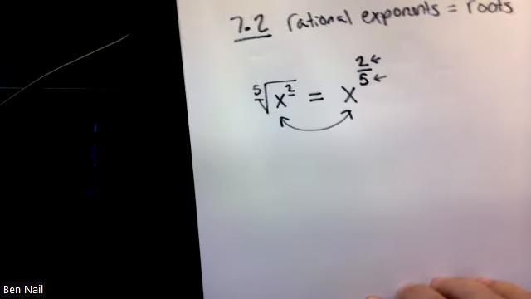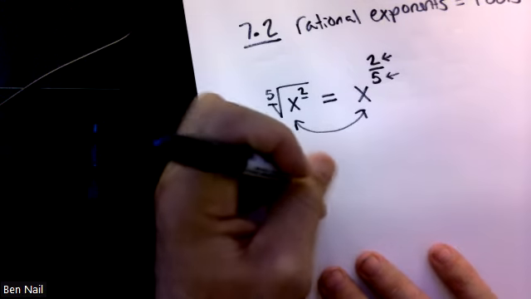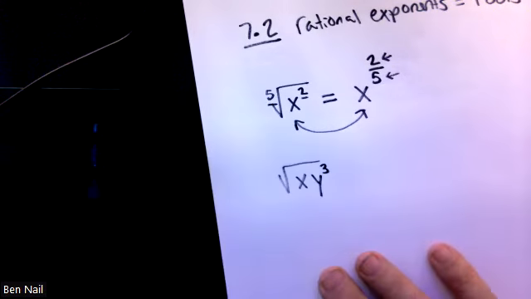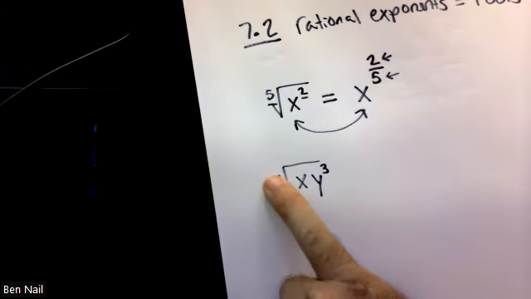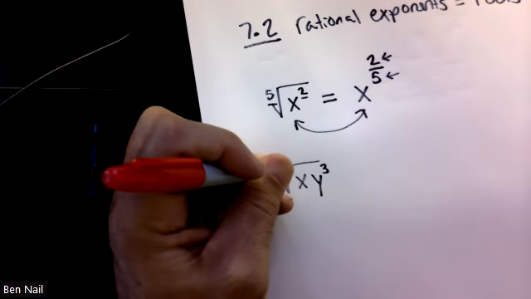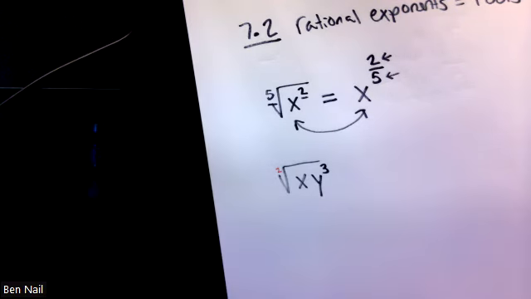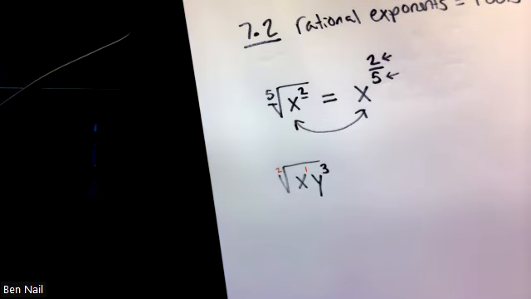The trickiest thing they can do with this is they can give you something like, okay, where some of your numbers are again implied or hidden. For example, if you don't see an index, remember a radical with no index is automatically a square root. And likewise, if you see a variable with no exponent, that's automatically a 1.